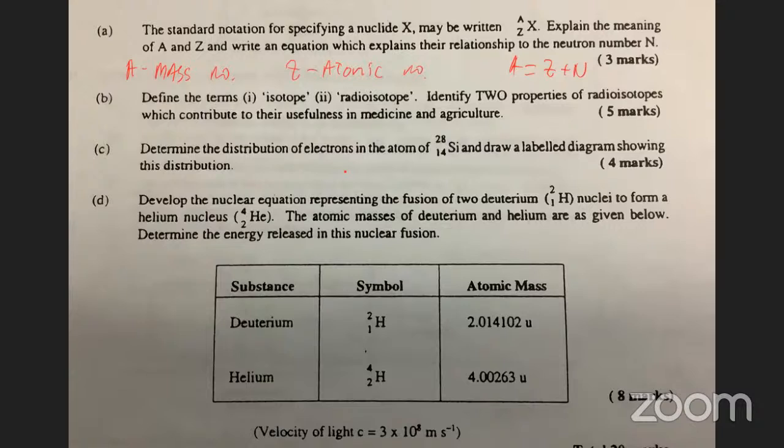Unstable, underline unstable. Right? A radioisotope is an unstable form of an element.